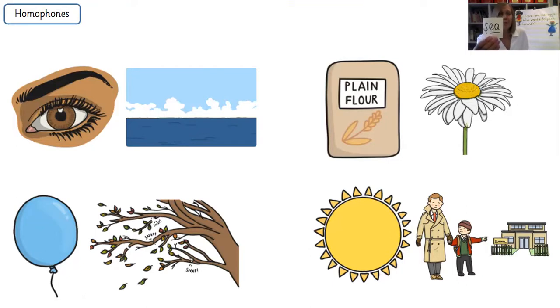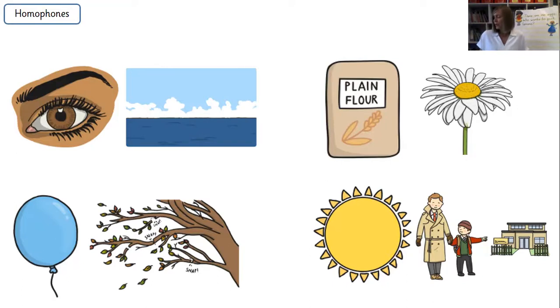Okay, have a point. Which one are you going to point to? If you have pointed to the deep blue sea, you are brilliant. Well done. The other way of spelling sea looks like this, and that's what can I see? Great job, well done. Let's have another go.